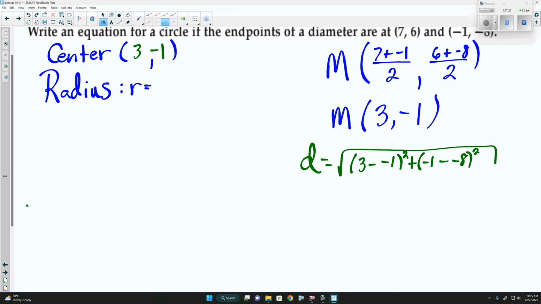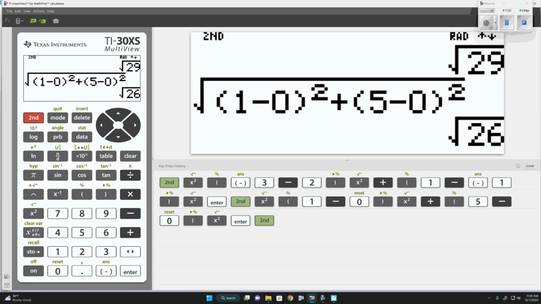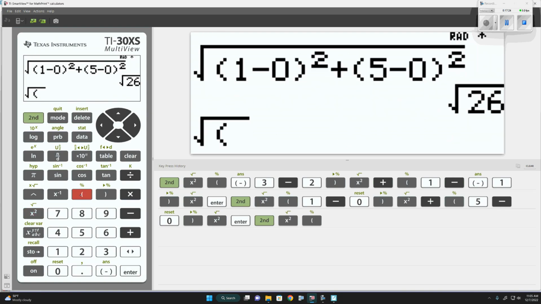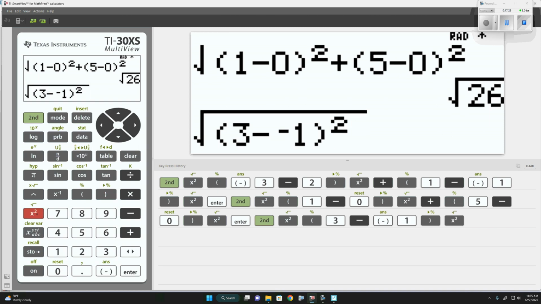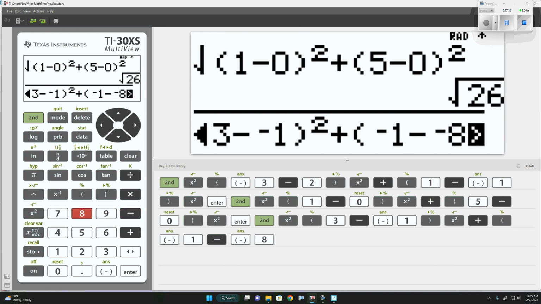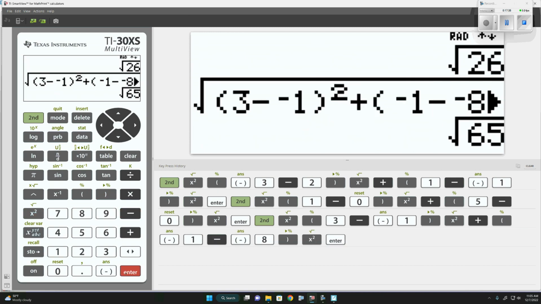So let's see, we can do this here. We can say the square root of (3 minus negative 1) squared plus (negative 1 minus negative 8) squared, and we get the square root of 65.